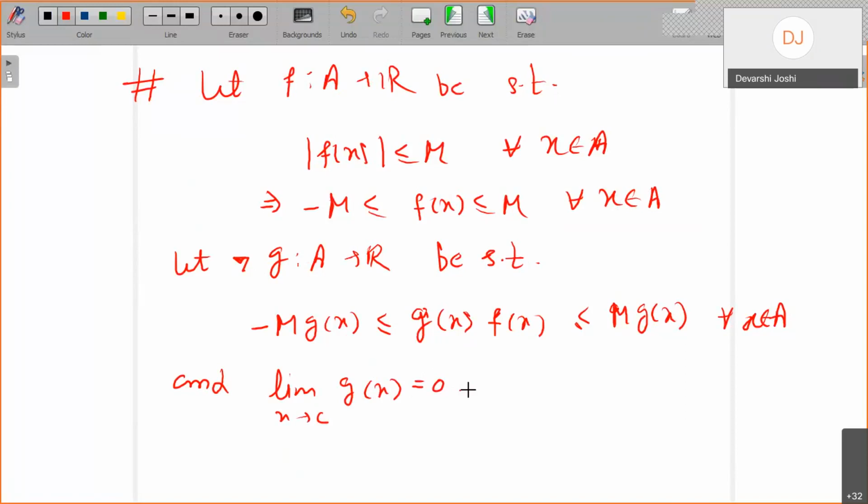Okay, sir. Are you getting my point? Because if that is not 0, here is minus M times this, and here is M times this. Then limit x tends to c, g of x times f of x is also 0.